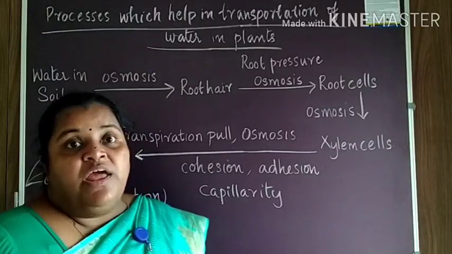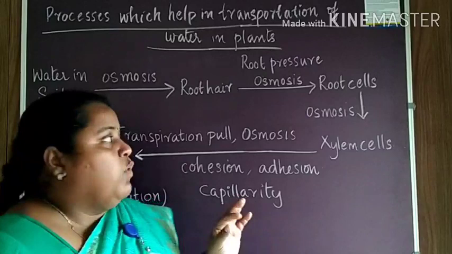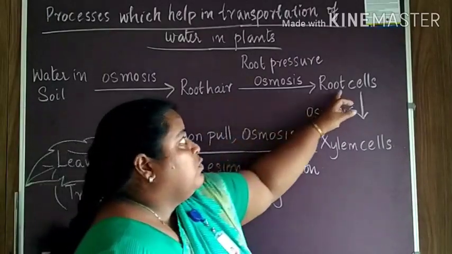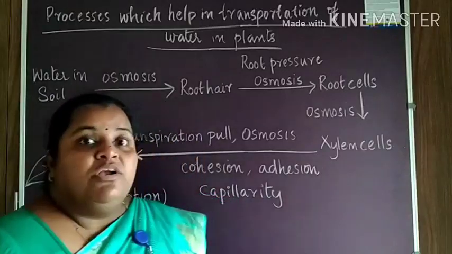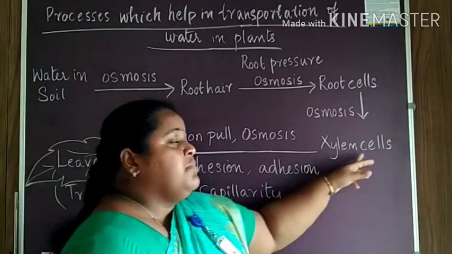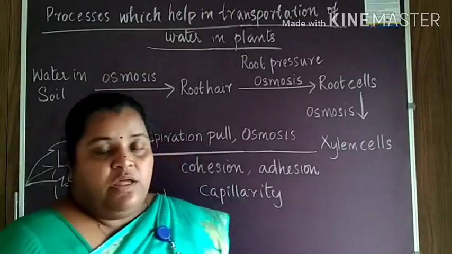Root pressure and osmosis help in conduction of water through the root cells. From the root cell, water moves into the xylem cells through osmosis.